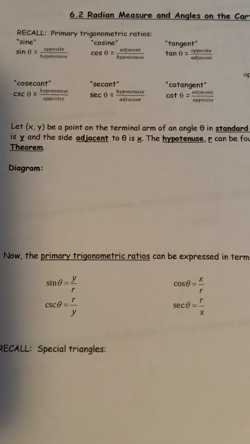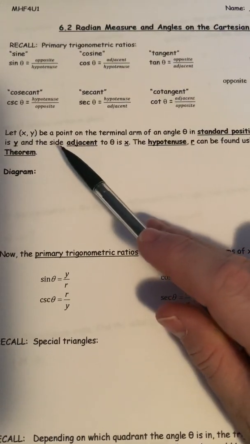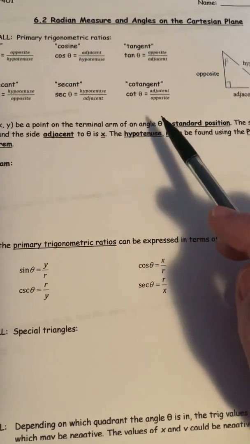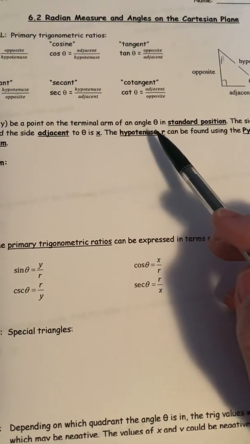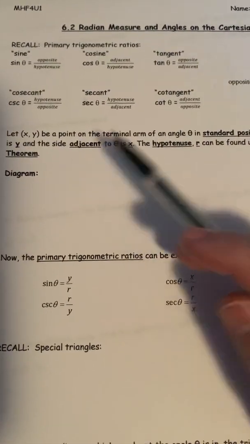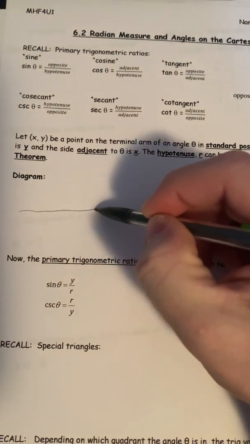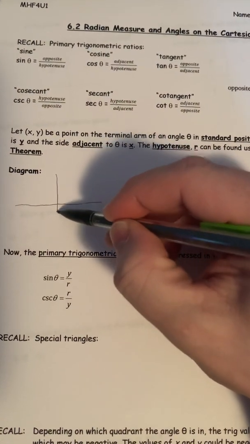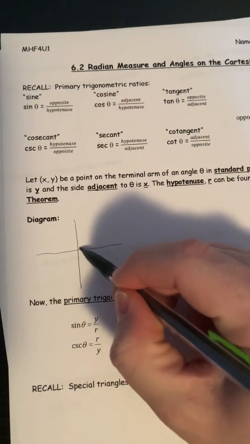Okay, so let's do a couple of diagrams here. Let (x, y) be a point on the terminal arm of an angle in standard position, and the side opposite is y. Okay, so let's draw this out. If I had a Cartesian plane, I just put the arm out this way.